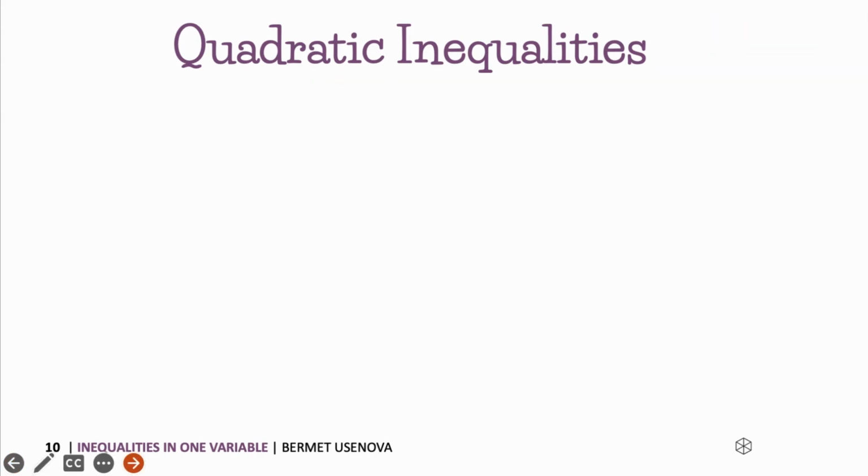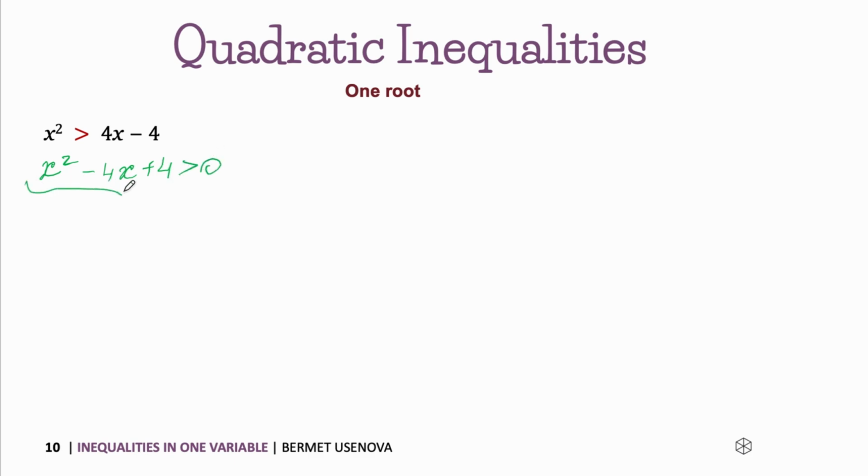And the next example is where we have one root. Similarly to the previous example, we will move all elements to the left side and solve the quadratic term. So here we have x squared minus 4x plus 4 greater than 0. Then we will take this term, x squared minus 4x plus 4, and try to find its roots.